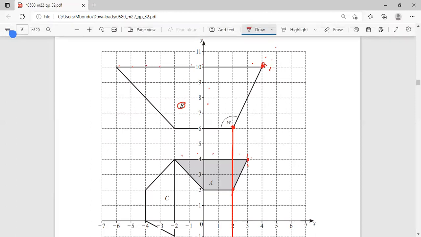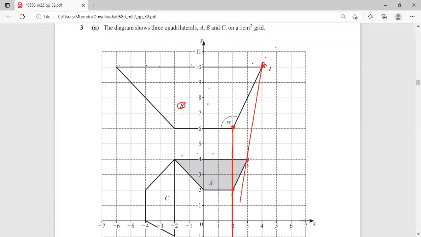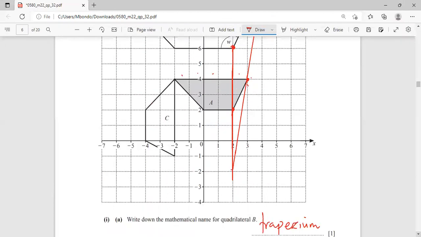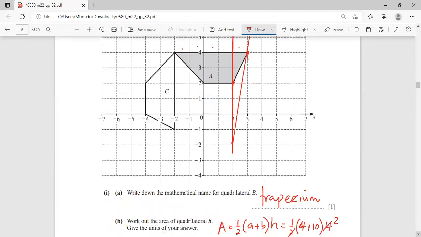It has to come down here. Okay, so you've seen where they are meeting, somewhere here. If you draw it properly, you'll see that they come here.